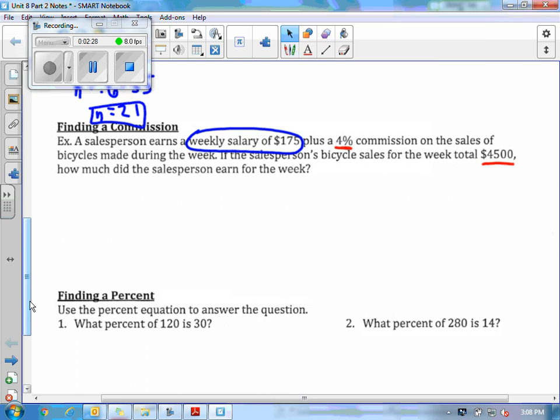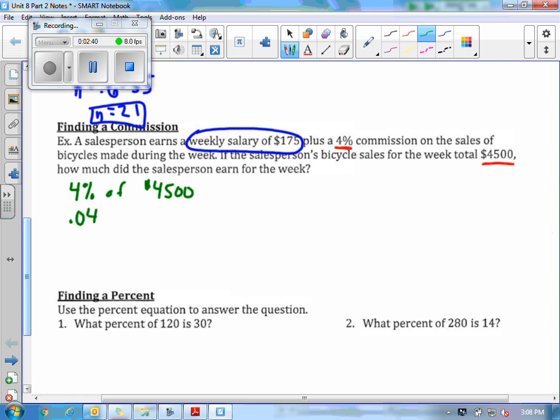So you want to find the commission first. The commission is 4% of $4,500. I can turn 4% into a decimal and make it 0.04. We know of means multiplication, and then I have $4,500. When I multiply that out, I'm going to wind up with $180.